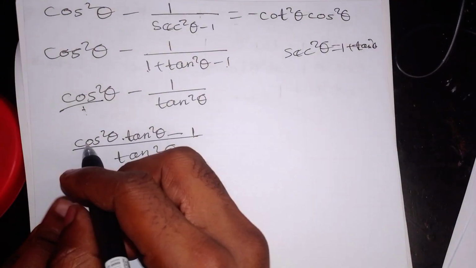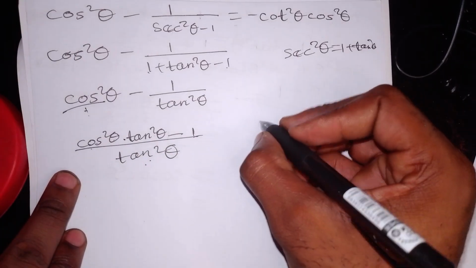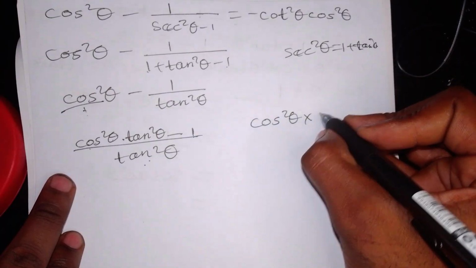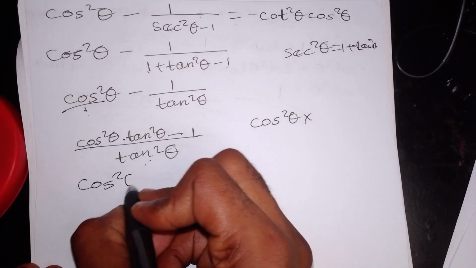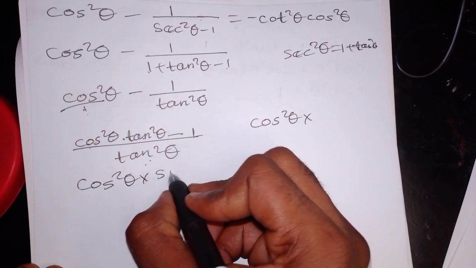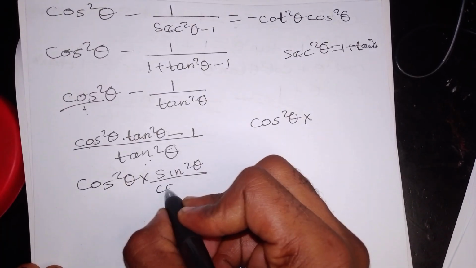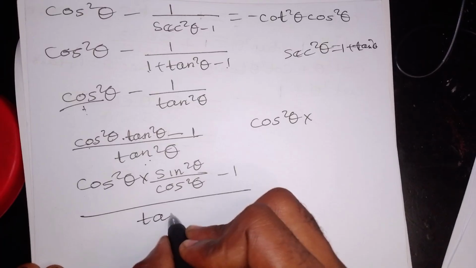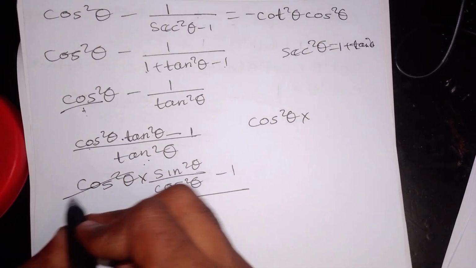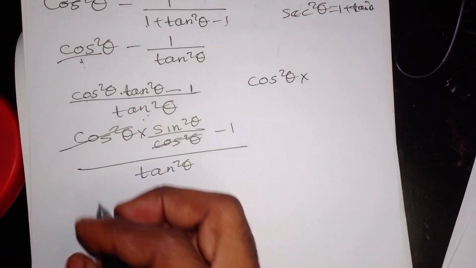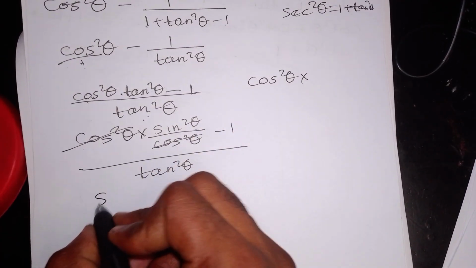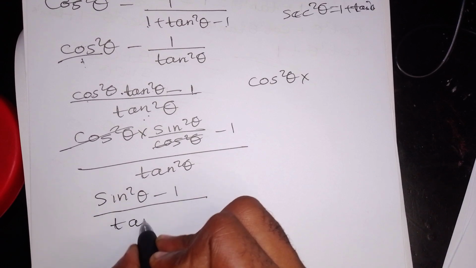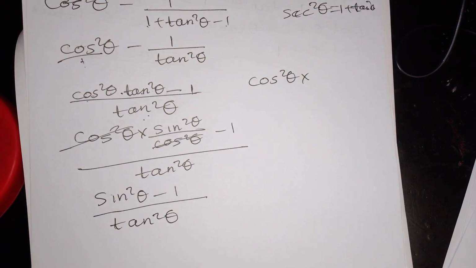And then remember, this part here is like so, or maybe let me write it here. Tan is sine squared theta over cos squared theta, and then minus 1 everything over tan squared theta. So you can just cancel these two out. And then in the numerator we have sine squared theta minus 1 over tan squared theta.